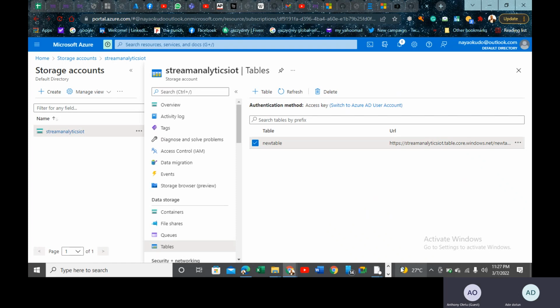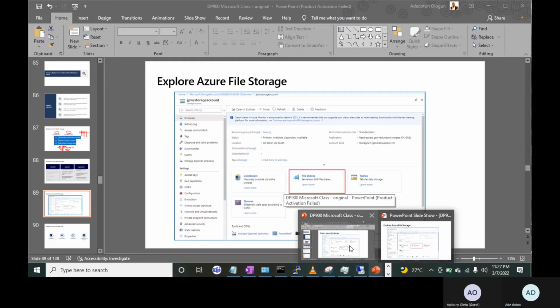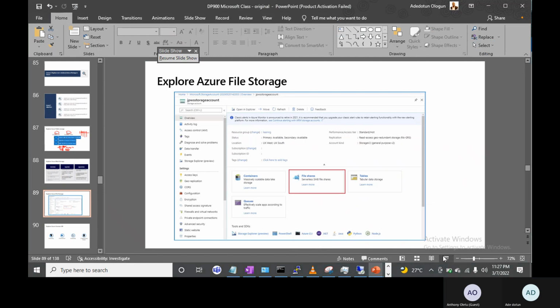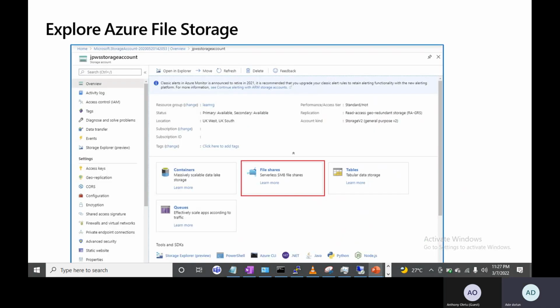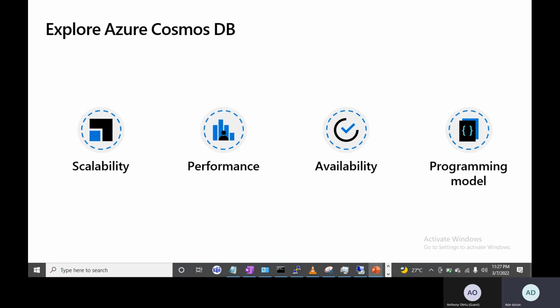Okay, so let me continue. All right. So now let's explore CosmosDB. One of the reasons why people love CosmosDB on Azure is that it's scalable. I don't know if you know what they mean by scalability. Can you tell us?